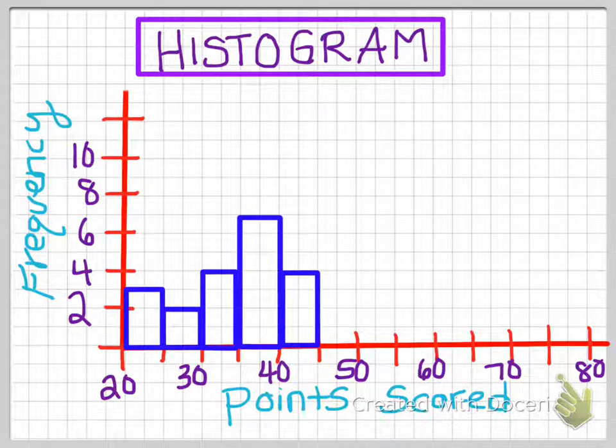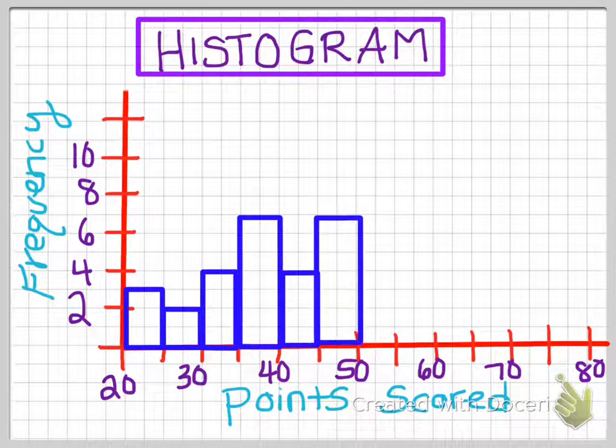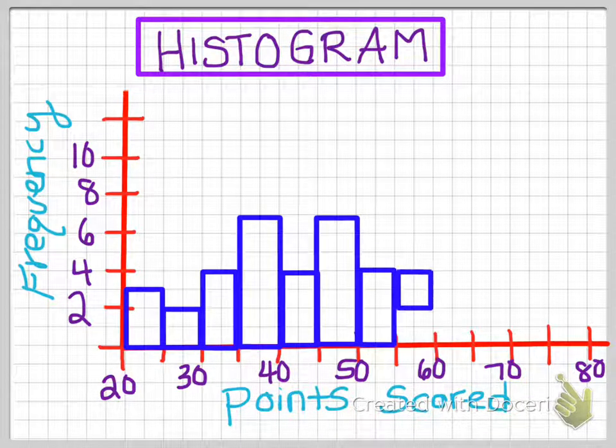Then 45 to 50, but not including 50, again up at 7. And then 50 to 55 was 4. 55 to 60 was also 4.